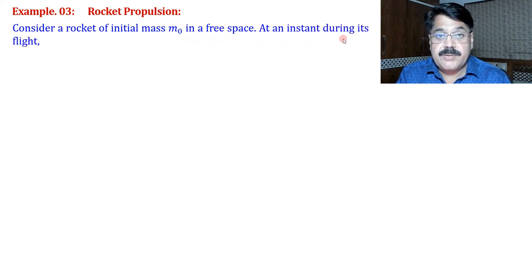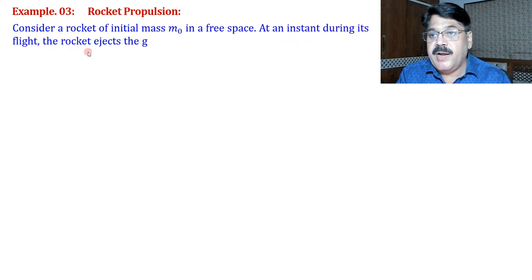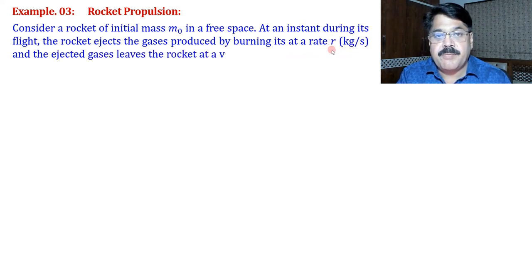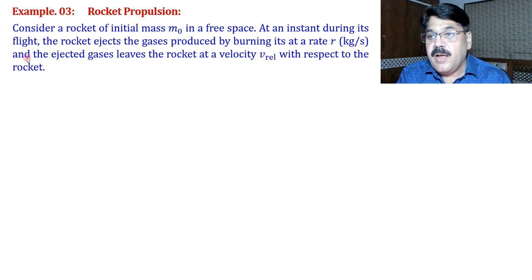At an instant during its flight, the rocket ejects the gases produced by burning its fuel at a rate r kg per second, meaning the mass rate of the fuel which is burned is r. And the ejected gases leave the rocket at a velocity v relative with respect to the rocket.